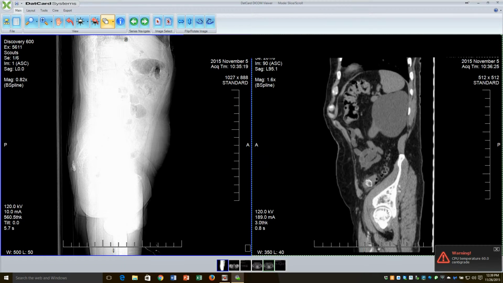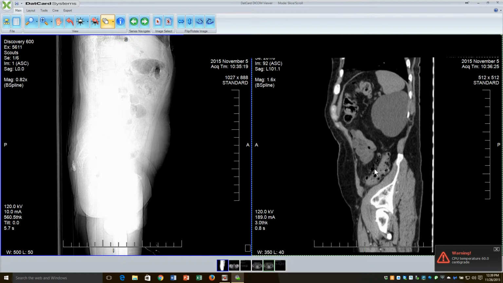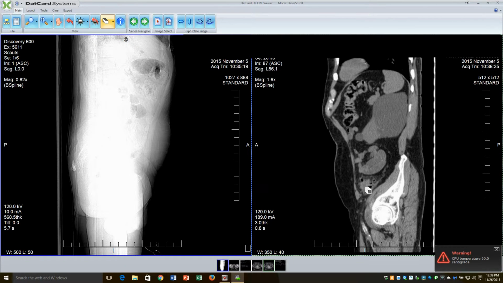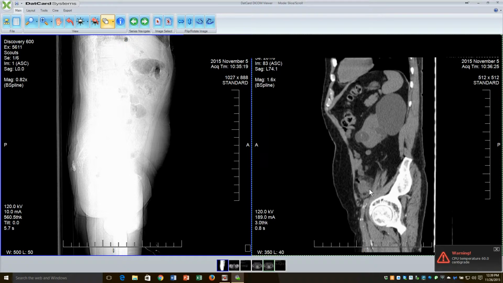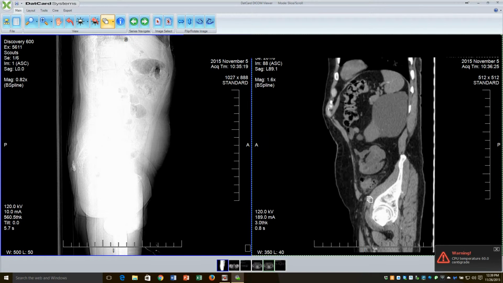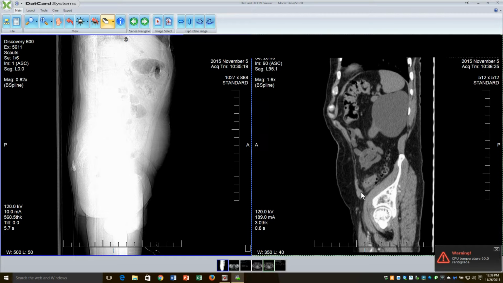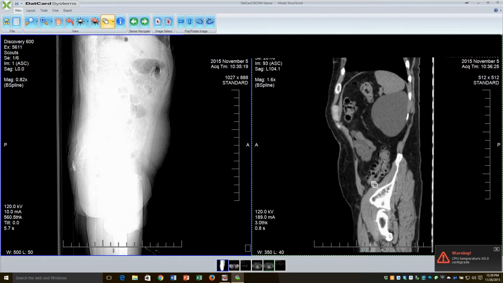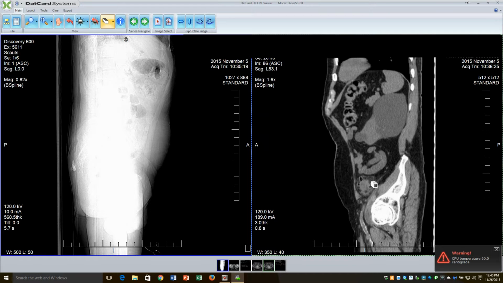Here's the sigmoid diverticular disease right here. And as we move down towards the pubic bone, the haziness in the fat here represents the inflammatory process. So if he hasn't had his colonoscopy, he needs one about 6 weeks after this diverticulitis has resolved.